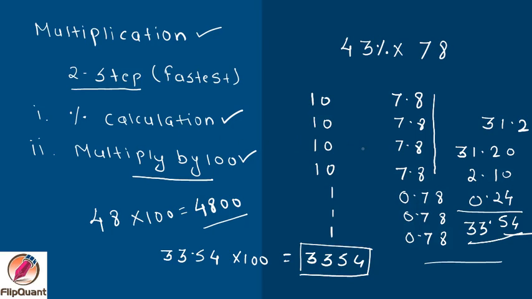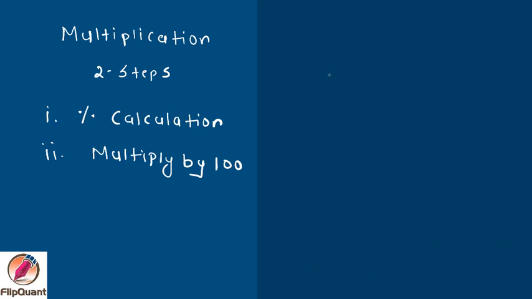So just keep your attention here, as I take the next example: 77 into 148. Here I just have to calculate the percentage. I can consider anything as the percent, whichever is easier to calculate.